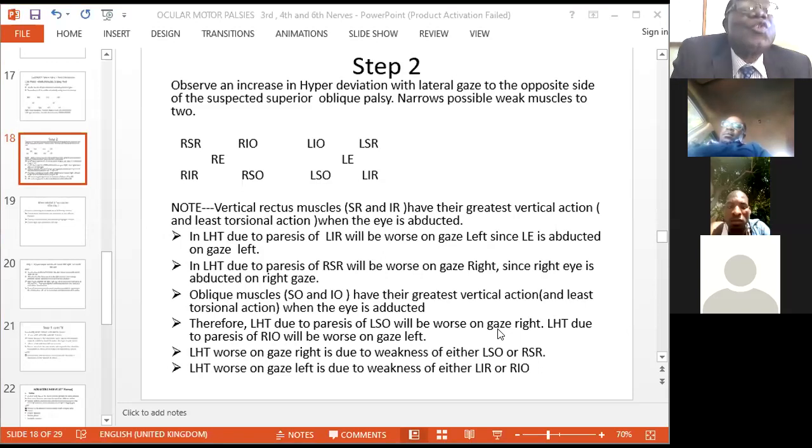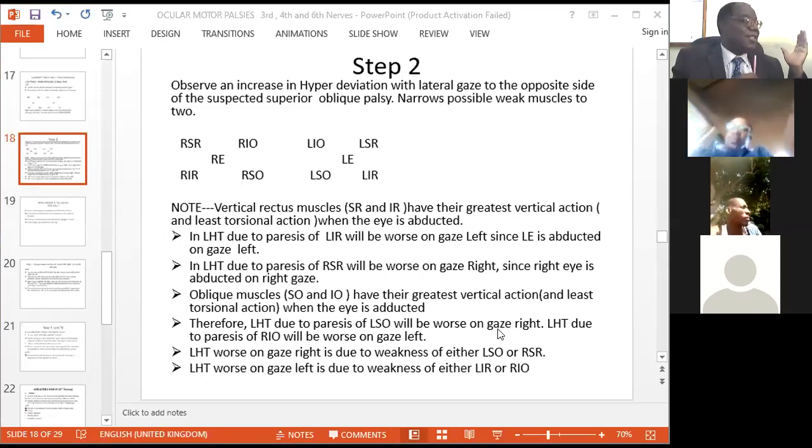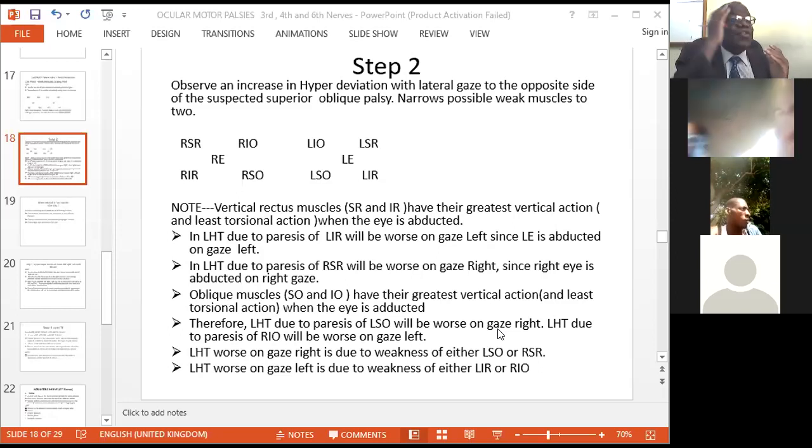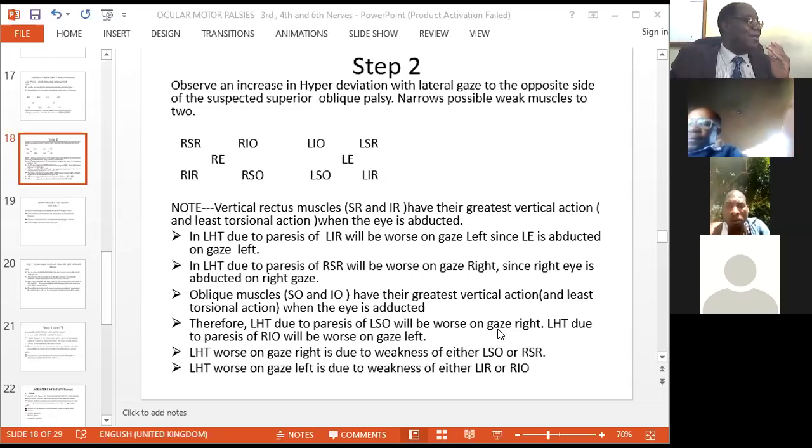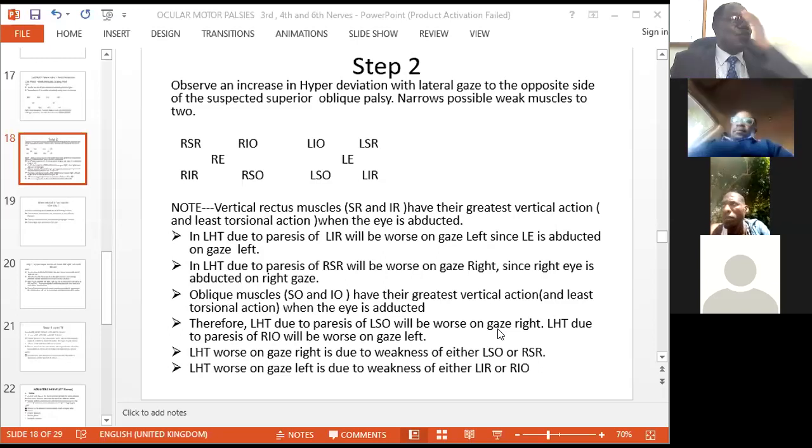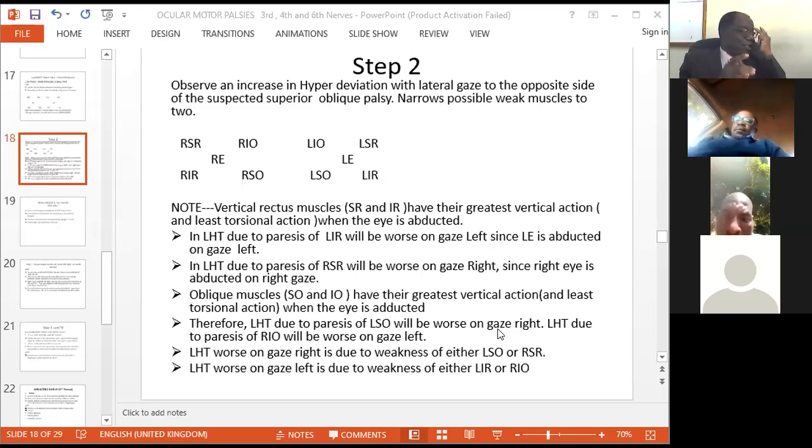So step two is to observe an increase in hyperdeviation with lateral gaze. If this is lateral gaze, the medial is the center. Hyperdeviation initially on the right side, lateral gaze will be there. The left side, lateral gaze will be there. So if this appeared higher when you observe directly, you think the lesion is here.